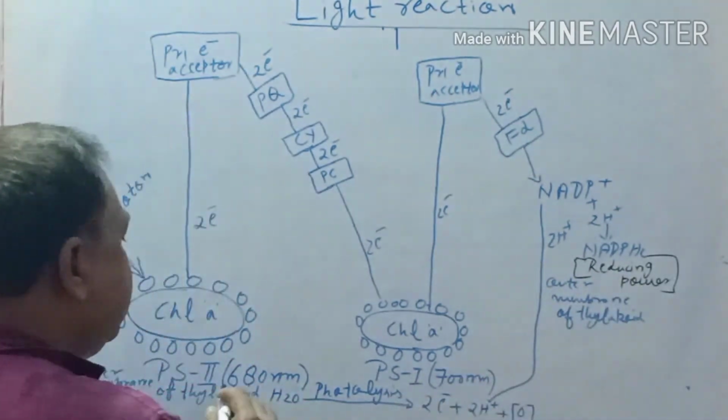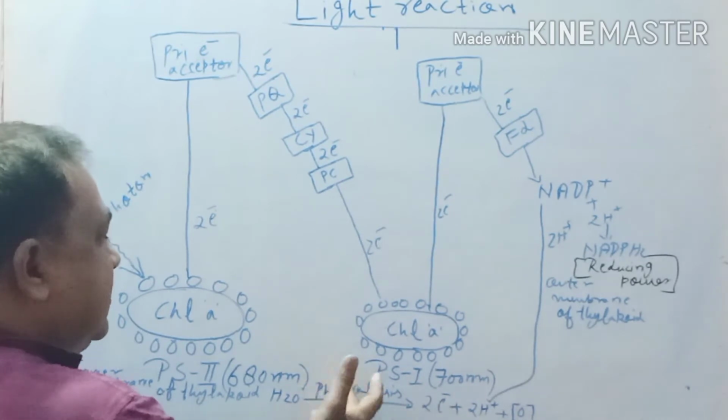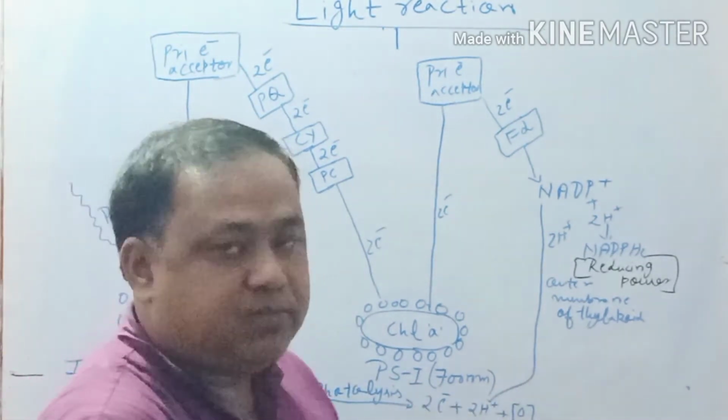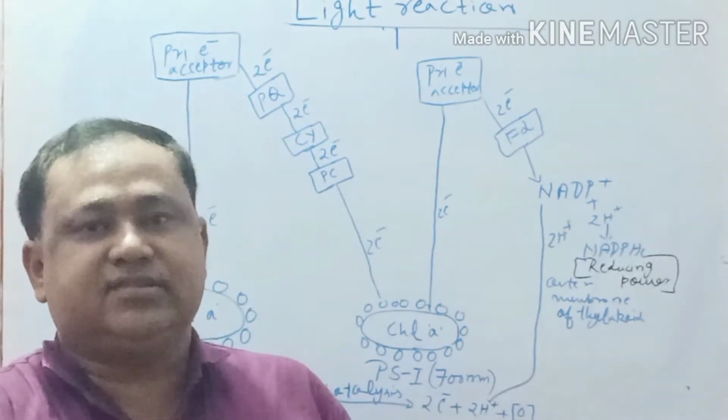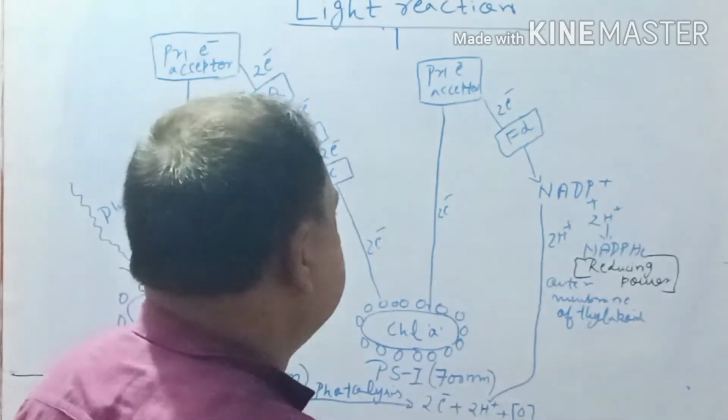While the splitting of water, or you can say the photolysis of water, takes place at the inner membrane of thylakoid and releases oxygen as a byproduct which is utilized in living organisms for physiological activities.